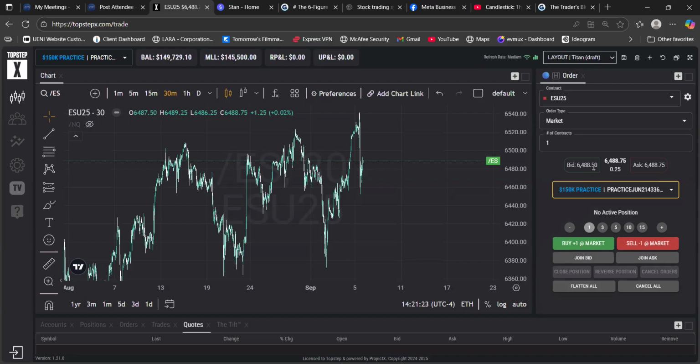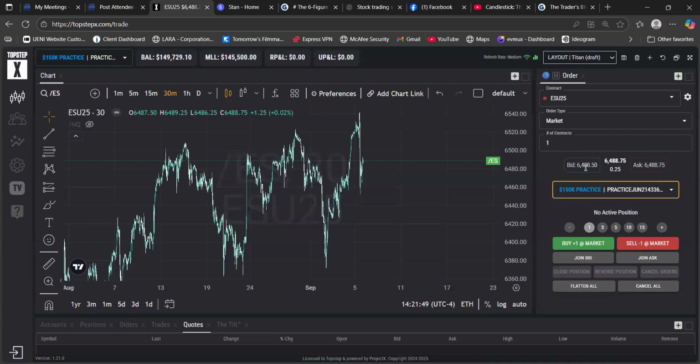But if you want to get in, they may put you in at 64.90. All right, which in that particular case, that's already a point and a half away from where you want it to be, right? So that's $150, right? That fast that you're already out of position. Okay. And so you have to be careful about that.